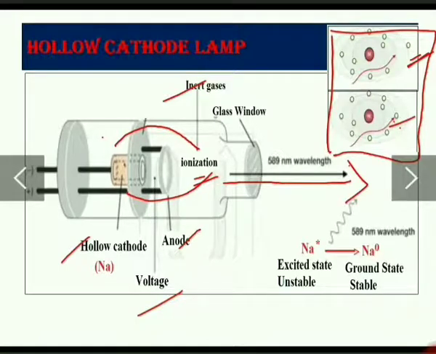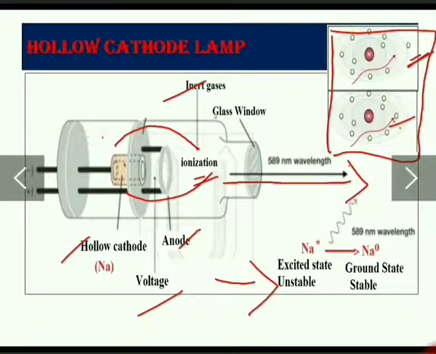Hope you understand. So when you pass a current, the inert gas undergoes ionization. These ions hit the metal, which will be converted into metal vapor, that is called sputtering, and the metal vapor will be converted into metal atoms. Thus metal atoms take up energy and get excited.